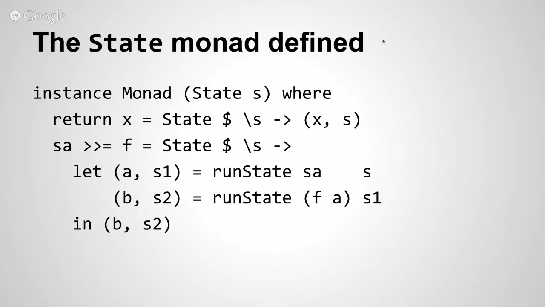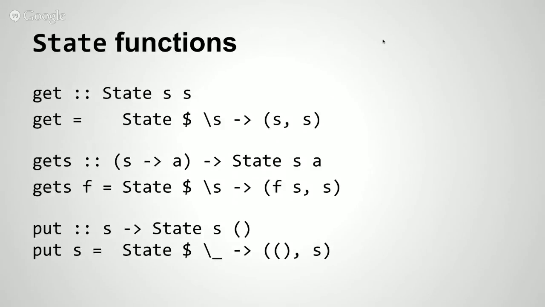That gets you a new stateful action, using run state again on the updated state, that is the post-SA state, S1. You get a B value and an S2, which is your new state. That's how the bind works. So you're sequencing the operations. Nothing really new. Get and put we went over in lecture 6, so I'm not going to go over them again.